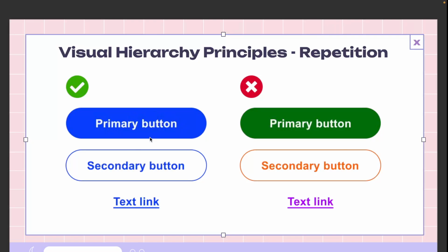There is a repetition of the color itself, even with the text link, because it is not capturing my attention. As a user, I want to click this first, right? Even as the product owner, I want my users to click this. So the majority of my attention should go here. It should not go to the text link. If you see this, maybe the first attention will go to the primary button, but the second attention would actually go to the text link, which is not good.